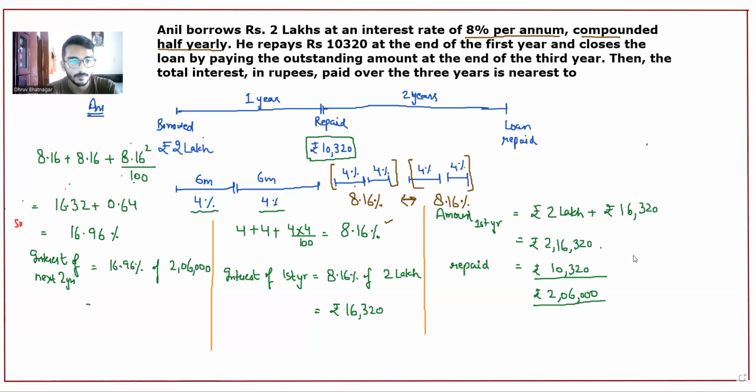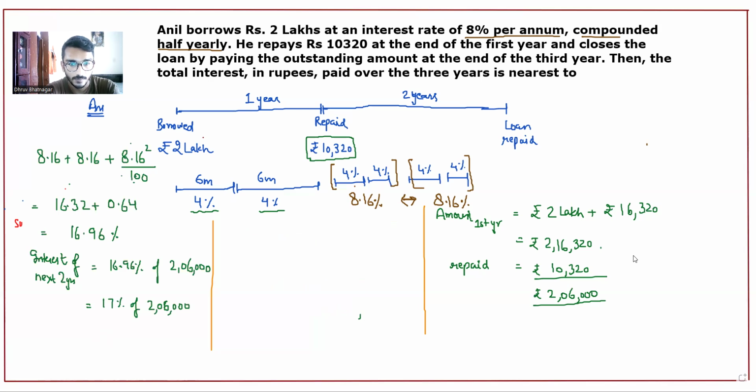This is the principal. And again, I'm using the approximation. I'm taking it as 17%, because I will not calculate 16.96. I just do 17% of 2,06,000. Let me write it here. So this is 17%, and this is 2,06,000.